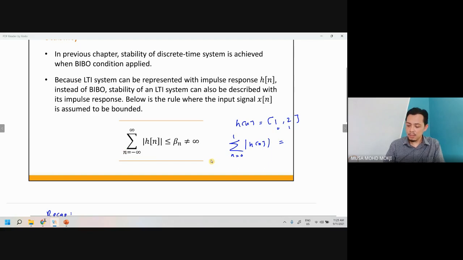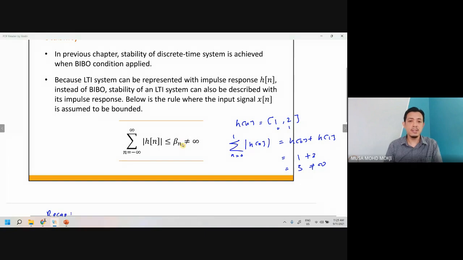So this is actually just h0 plus h1, which equals 1 plus 2 equals 3. And 3 is not infinity. Okay? Very simple to check.